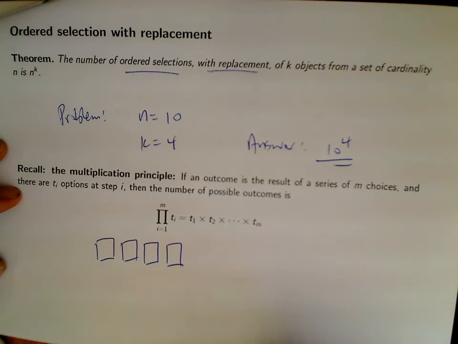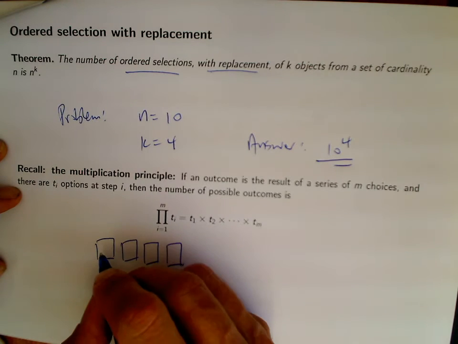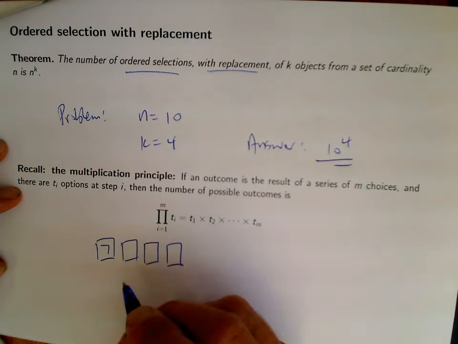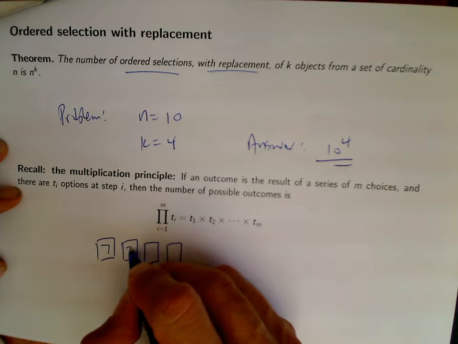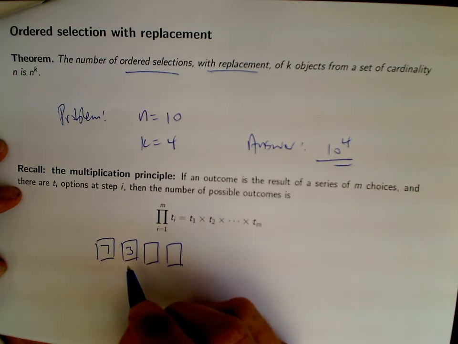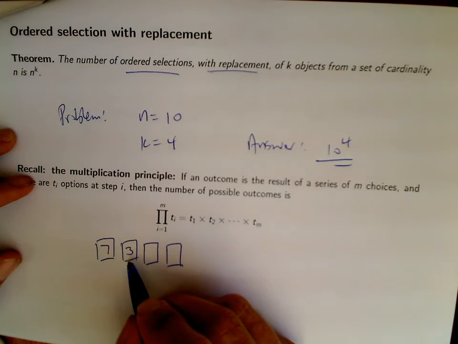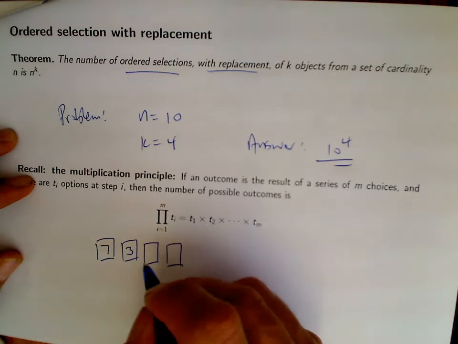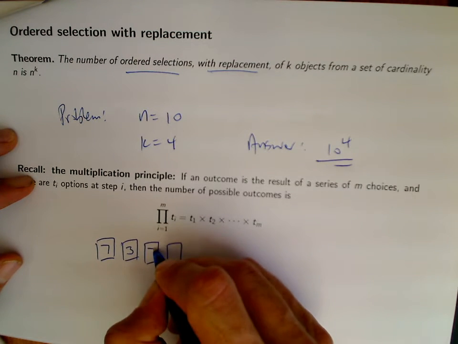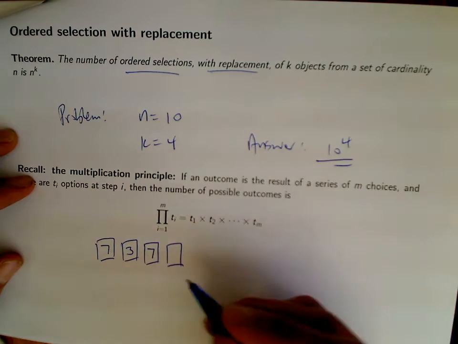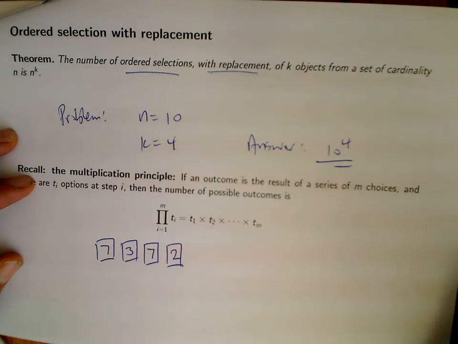There's 10 postcards, so maybe I choose the 7th one for Adam, and then the 3rd one for Bella, because I know she likes fountains, so I'll get her the one with the fountain. Then I also send postcard 7 to Carl, and postcard 2 for Delia.